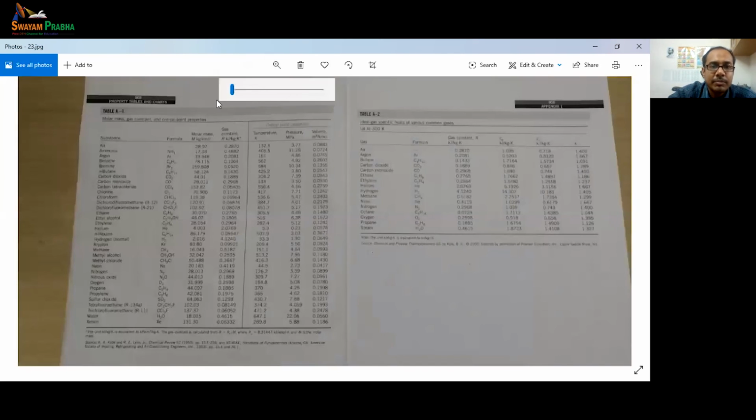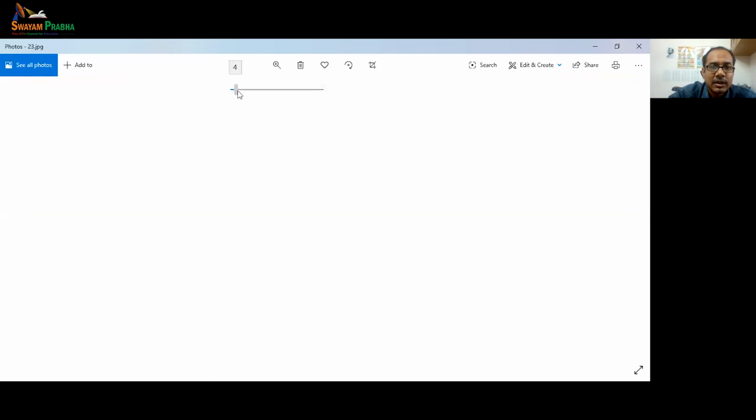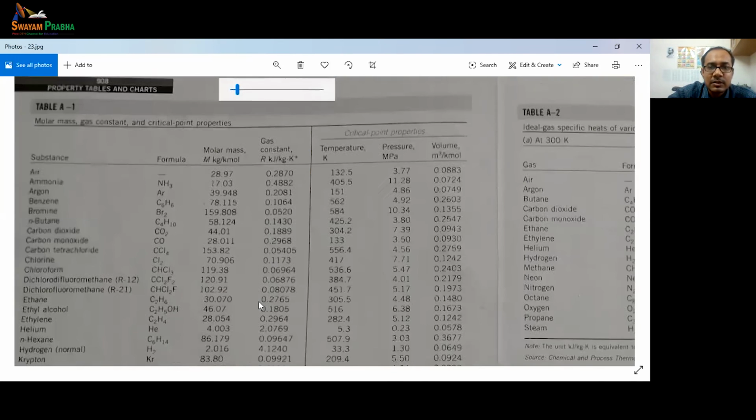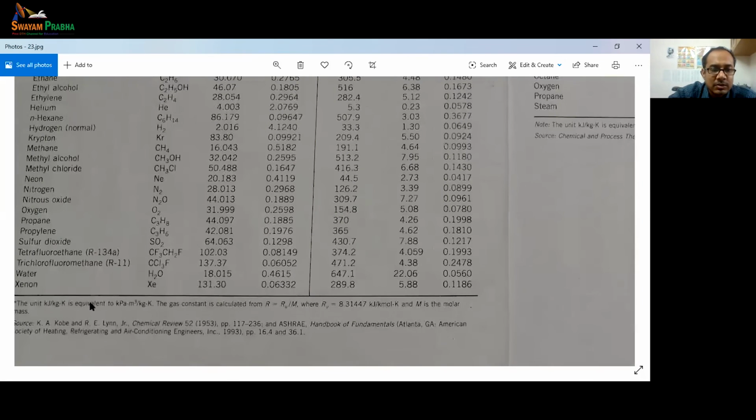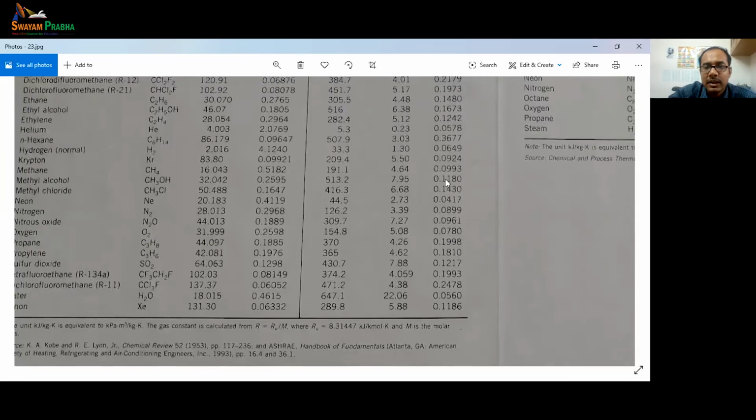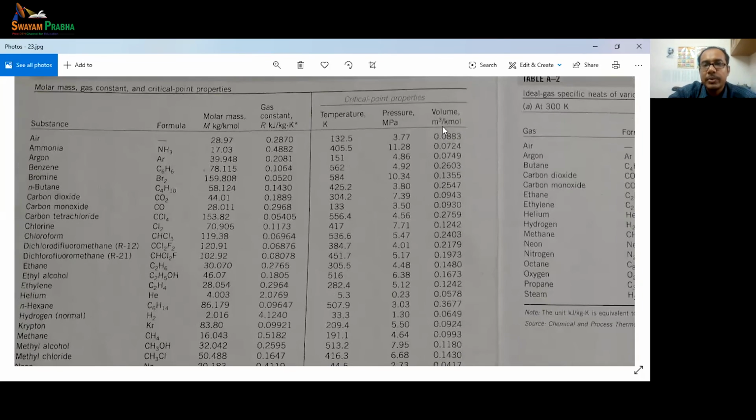Okay, let's look up the VCR for water. On the right, this is table A1 again. These are the critical point properties, and we are working with water. So the critical point specific volume is this value, 0.05056, and that's in meter cube per kilomole.